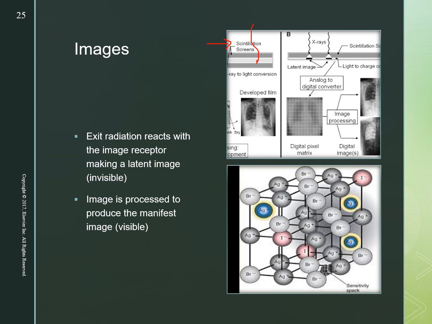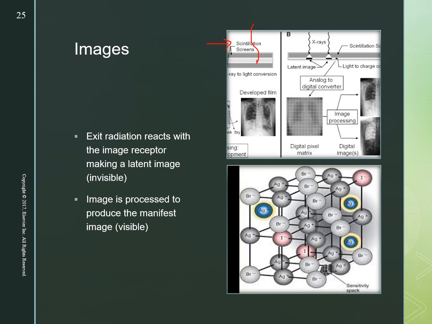When those electrons are released from the metastable state in the CR reader, that light will be picked up through our fiber optic cables, taken to a photo detector, and then transmitted through an analog to digital converter, which would then go back to our image processing.